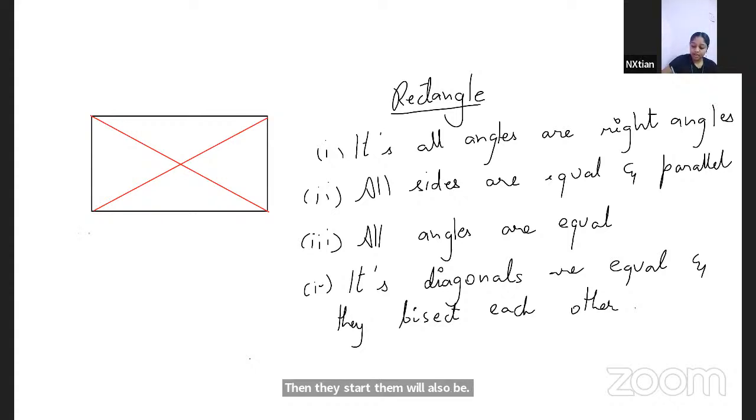Diagonals are equal, and they bisect the rectangle into two equal parts. The angles also, it bisects into two equal halves. So if this angle D and the others are all 90 degrees, it bisects them into equal halves.